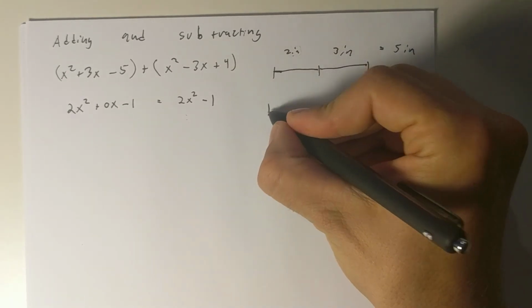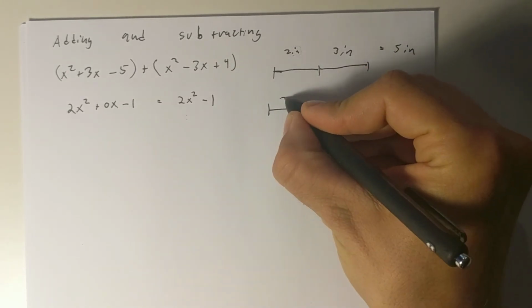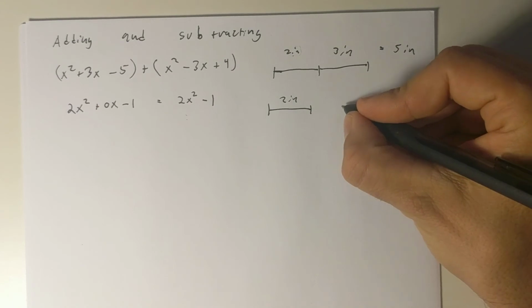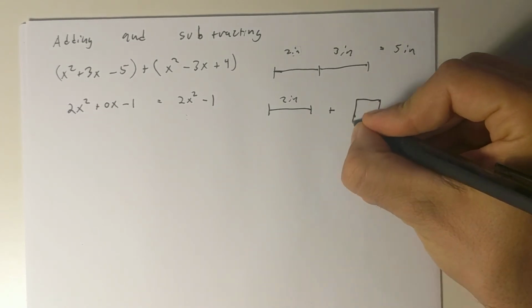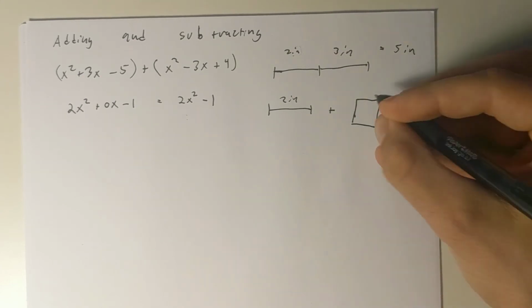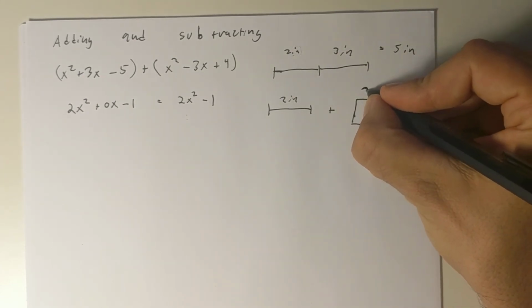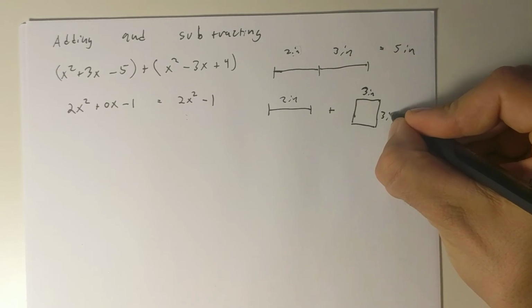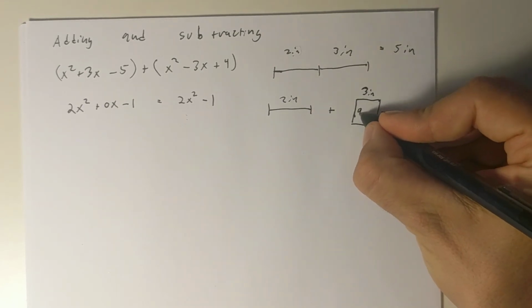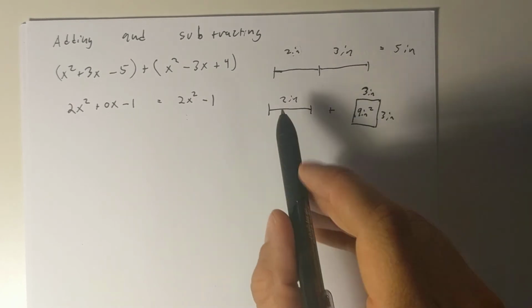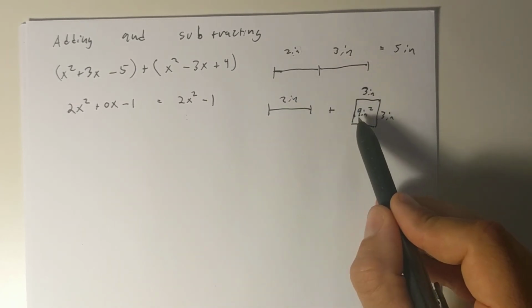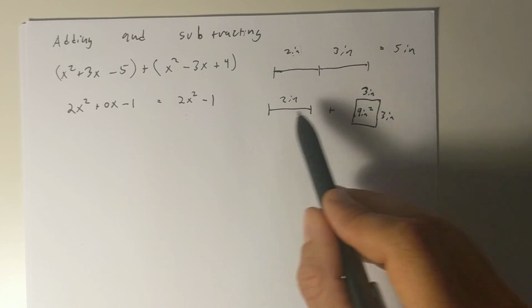Now, what if I took a length, 2 inches, and then I added it to something that actually isn't a length at all anymore? This thing I'm going to write as 3 inches by 3 inches, which, by the way, is 9 inches squared. It's an area. So if I take 2 inches and I add it to 9 inches squared, well, I can't add those two.